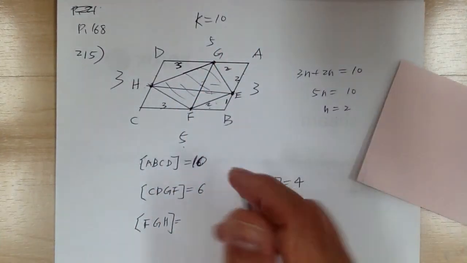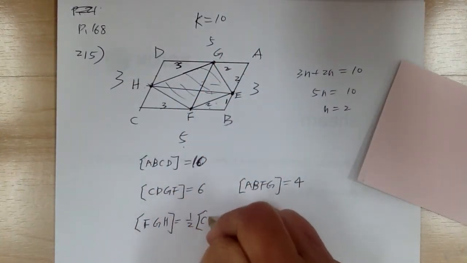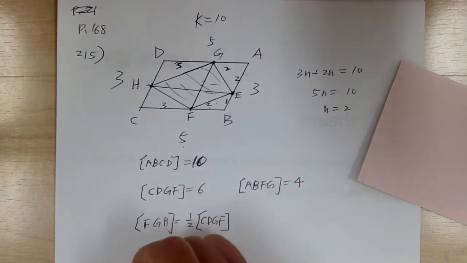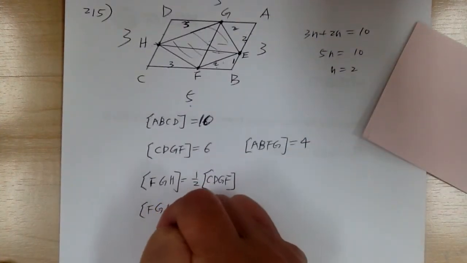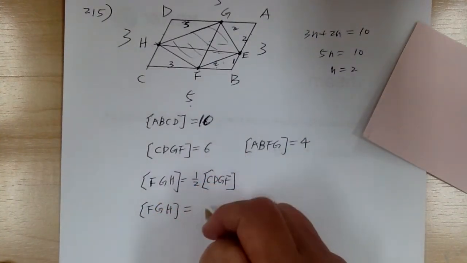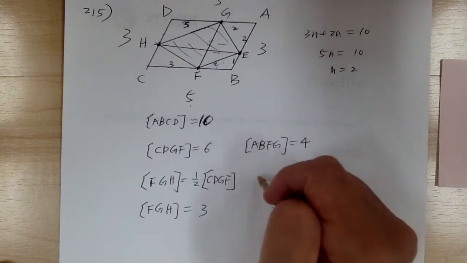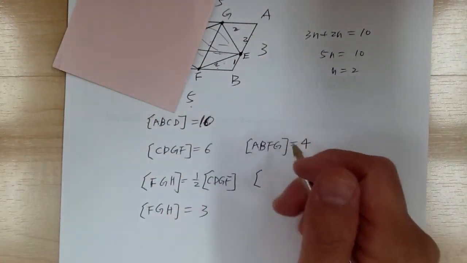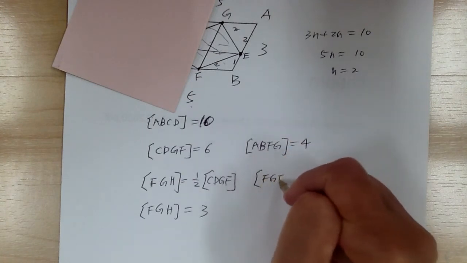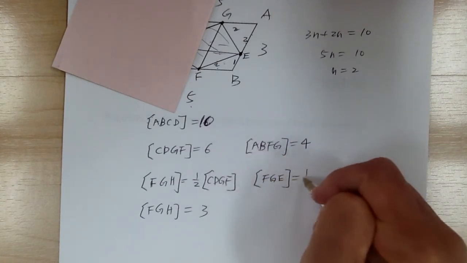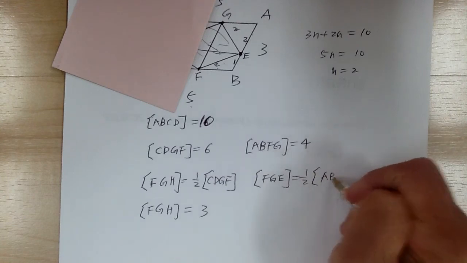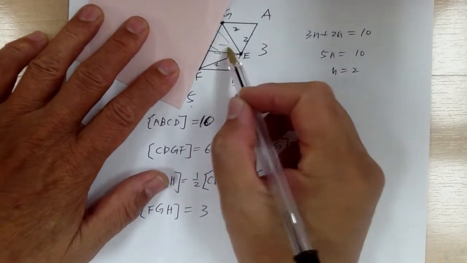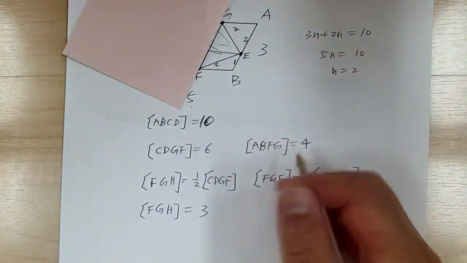So this will equal 1/2 of CDGF, so the area of FGH will equal 3. Same thing on this side: the area of FGE equals 1/2 of ABFG, since the area of the triangle is half of the parallelogram.